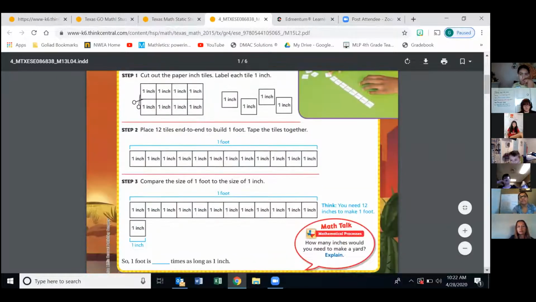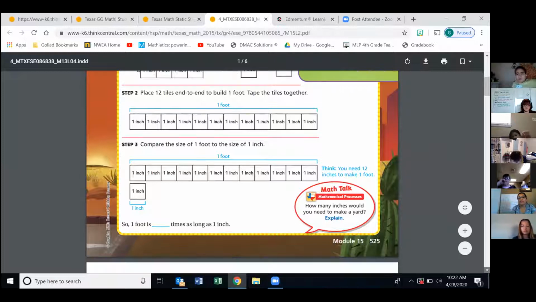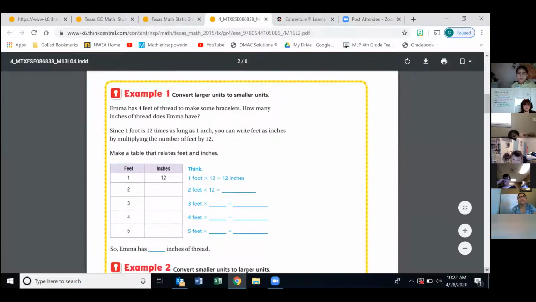Look, it says 1 foot equals 12 inches. And you keep going. So we're going to do some of these questions together. It says convert a large number to a smaller. I'm going from big to small. What do I have to do?